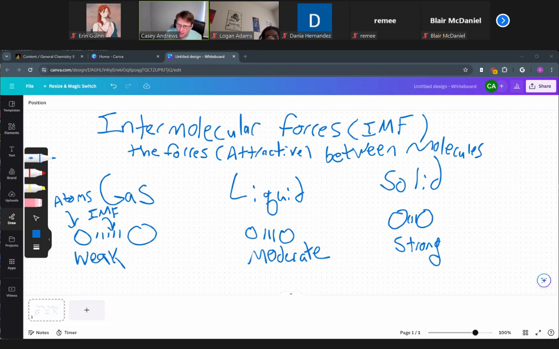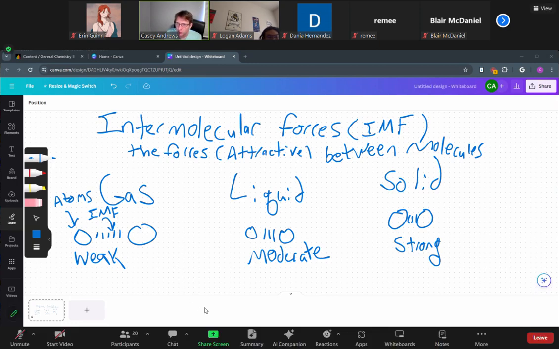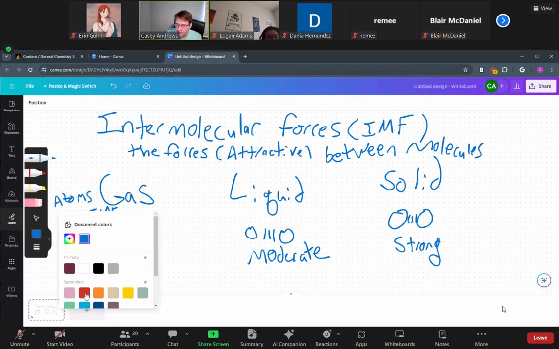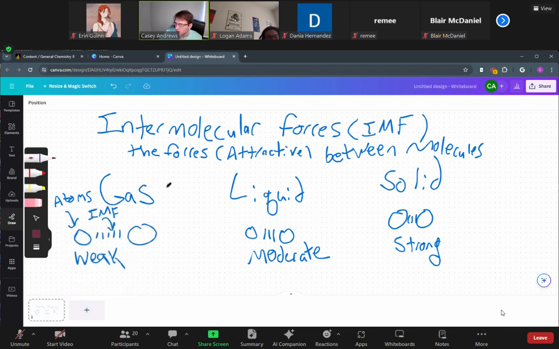And let's say I want to go between these different phases. So let's say I want to go from a gas to a liquid, or a liquid to a solid, or going backwards. Going from one phase to another is called a phase change.